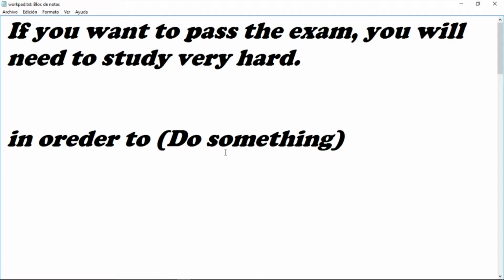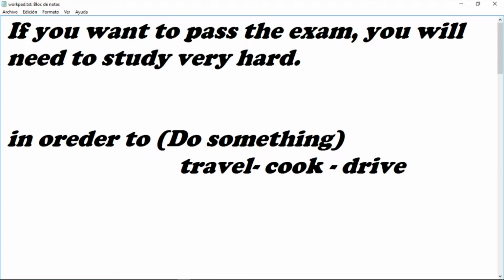After the infinitive to, I'm going to use a verb, like in order to travel, in order to cook, in order to drive, etc. In order to travel to Canada, I have to do something first. And what is that? I need a visa.